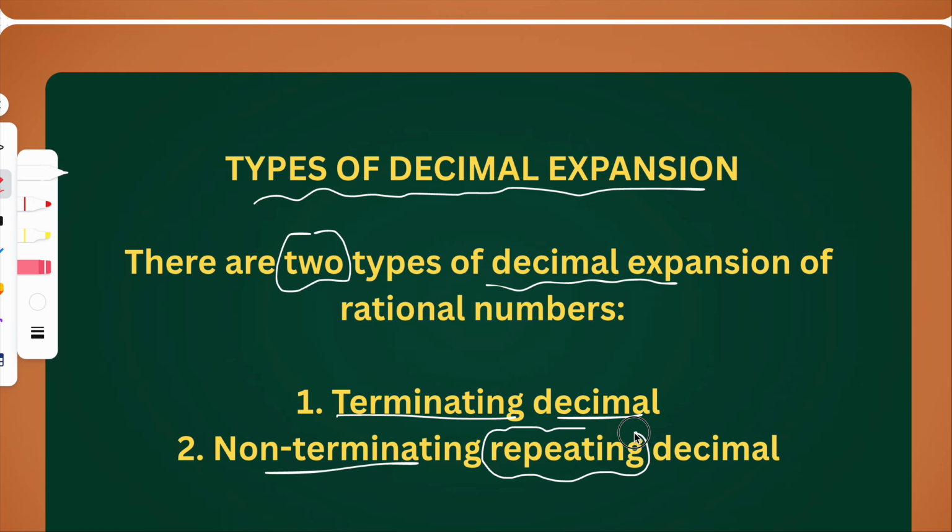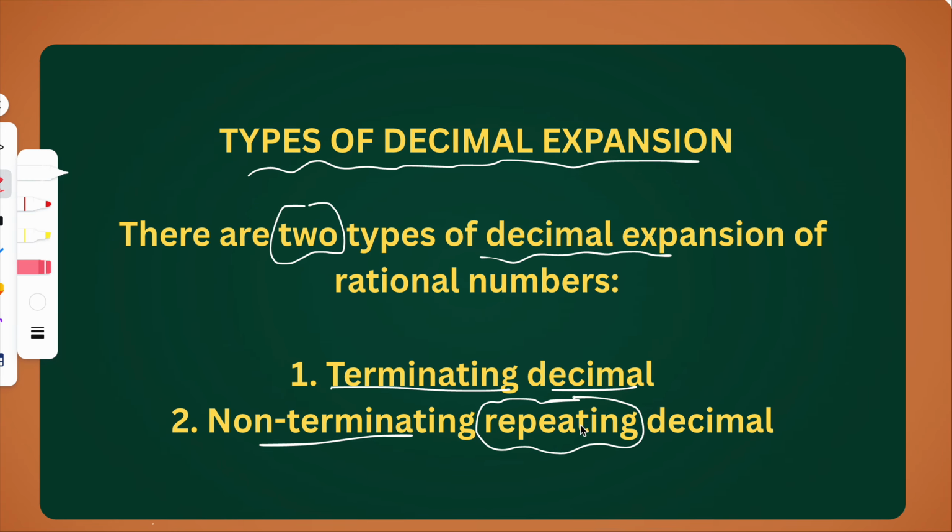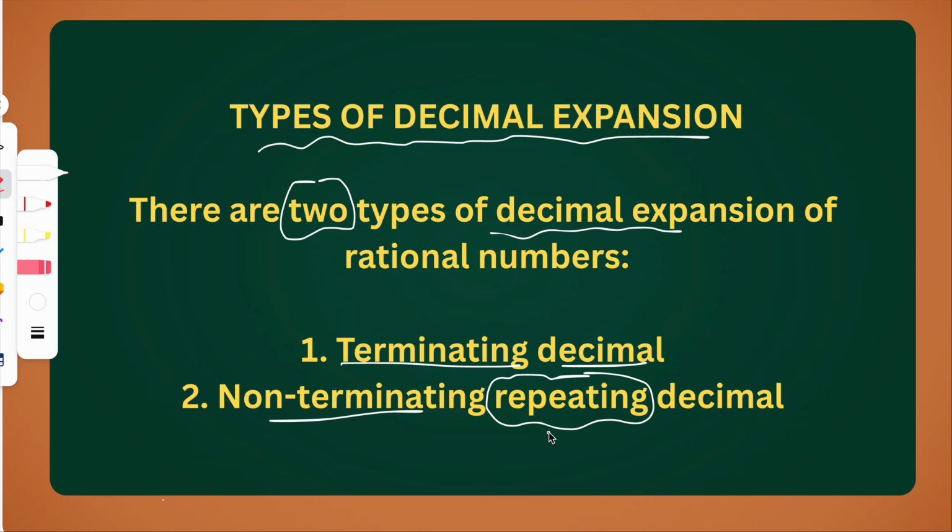I hope you guys remember, if a decimal expansion is a non-terminating repeating decimal like 0.444, if it is repeating, then this type of decimal expansion is a rational number. I hope you guys remember it from the previous lecture.